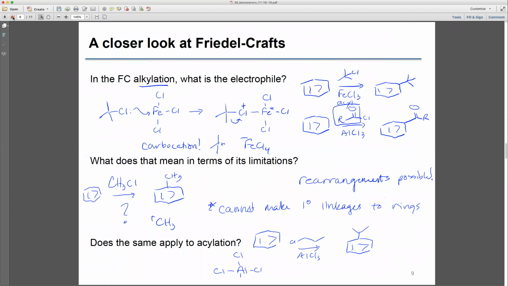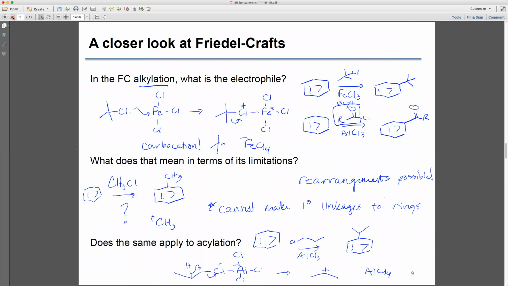If you think about the electrophile here being this, we could have a hydride shift occur at the same time that the leaving group leaves, and you get the isopropyl cation and AlCl4 minus.